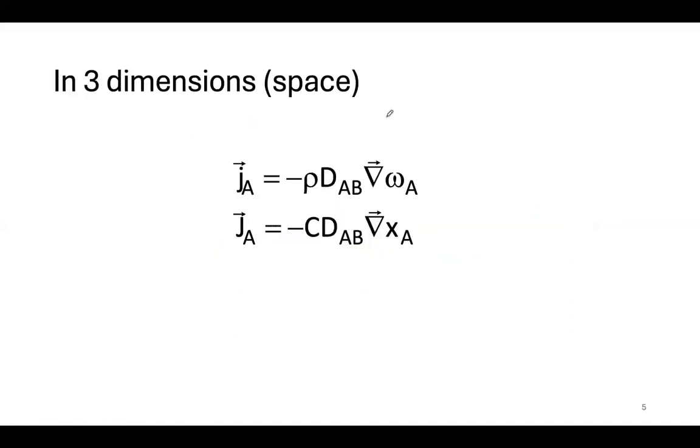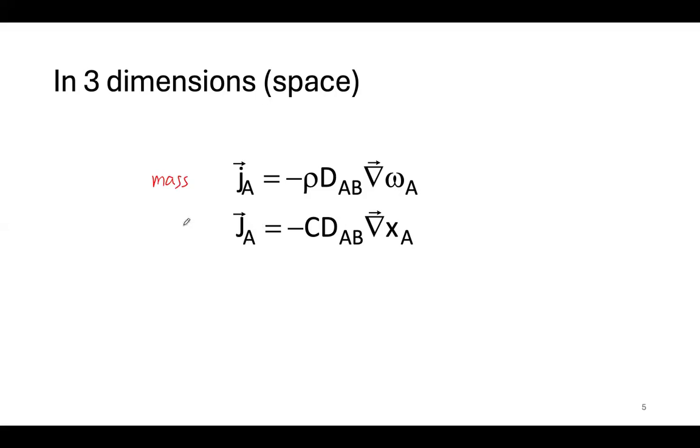Okay, in three-dimensional space, if we consider, for example, the Cartesian coordinate, for the mass, the JA vector is equal to minus the mass density multiplied with the diffusivity coefficient and multiplied with the gradient of the mass fraction.